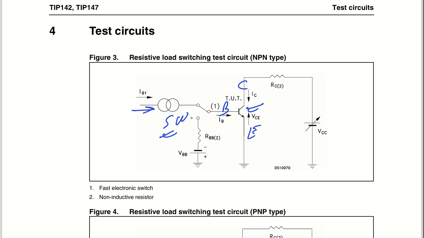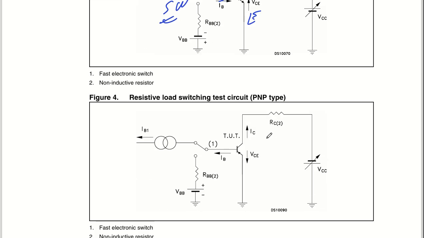Once you excite it, IC will start flowing, and you will see there is a current through RC, the collector resistor, and this is the voltage supply given for the system. So this is how the test circuit works. It's very simple. Anyway, we do the same circuits.